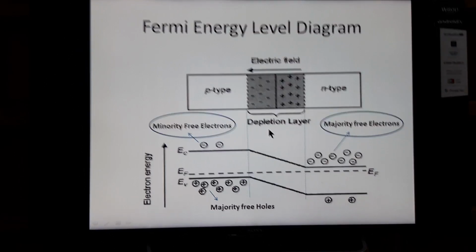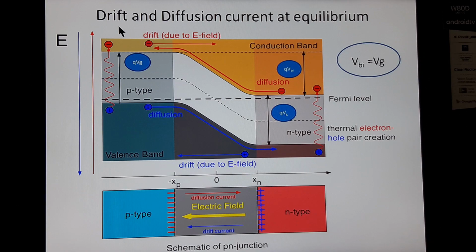Now I want to discuss the drift and diffusion current mechanism at thermal equilibrium through the depletion zone of an unbiased PN junction. Here we note that an application of thermal energy creates an electron-hole pair in the n side as well as in the p side.